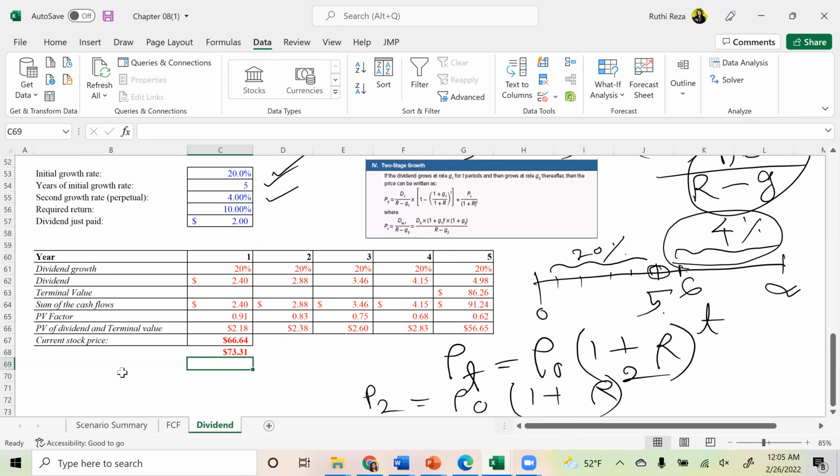So here P0 times 1 plus required rate of return to the power 2. Is it clear? All right.